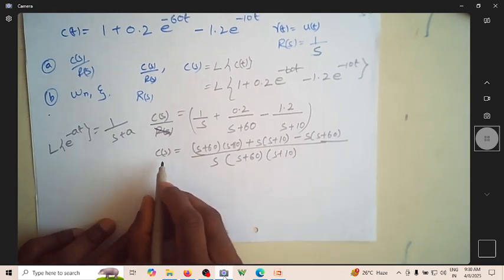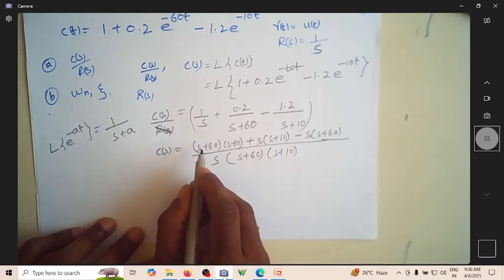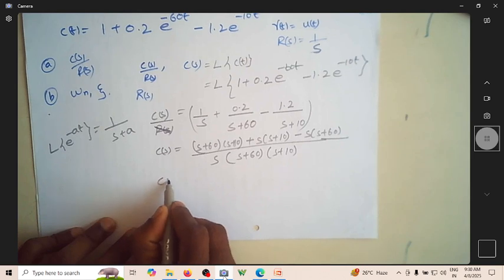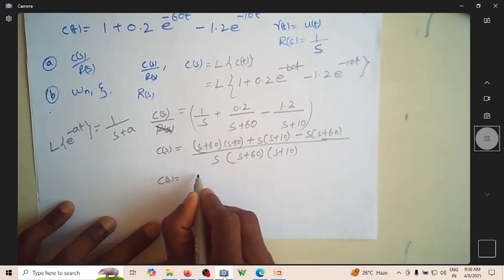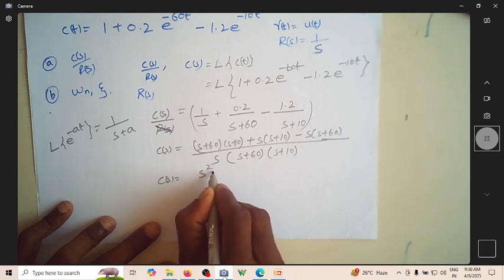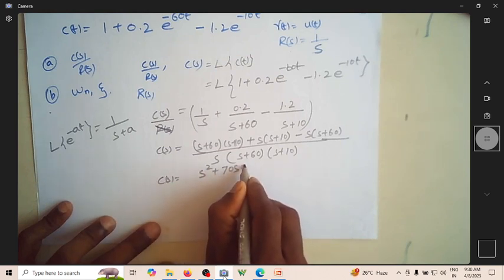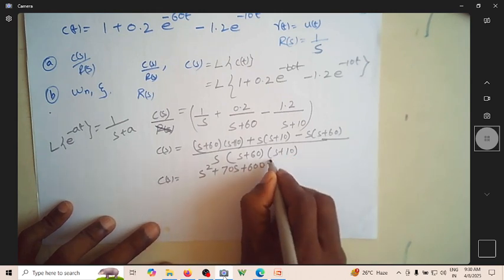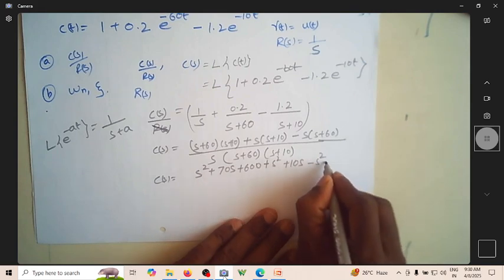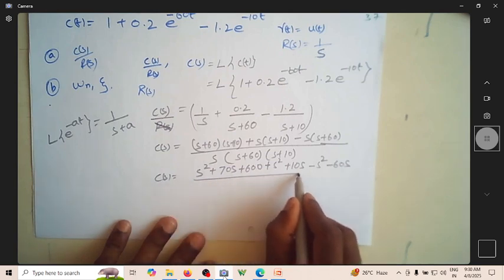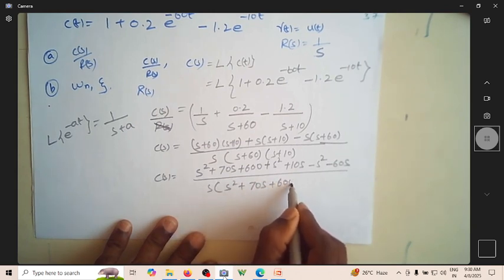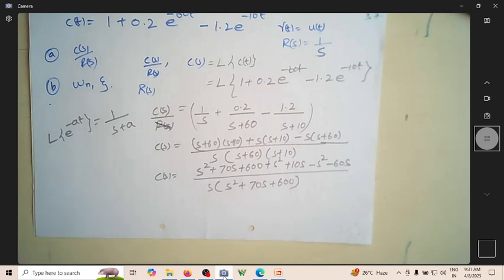Upon simplifying, C(s) is equal to s squared plus 70s plus 600 plus s squared plus 10s minus s squared minus 60s, divided by s into s squared plus 70s plus 600. Correct? So this is what you are having.